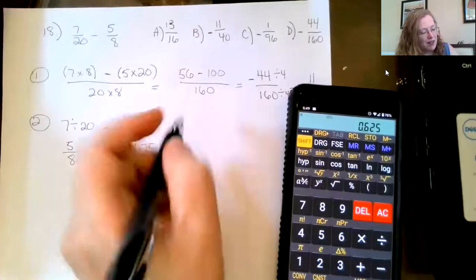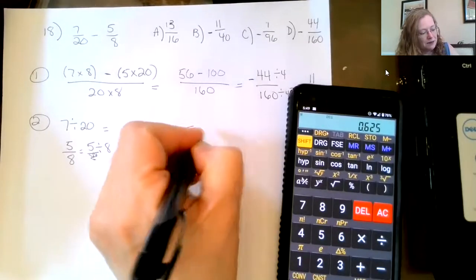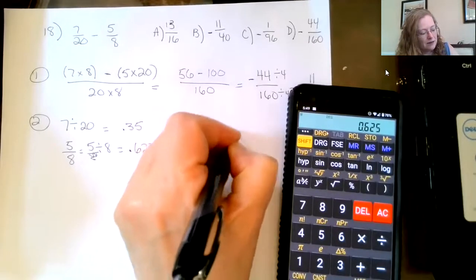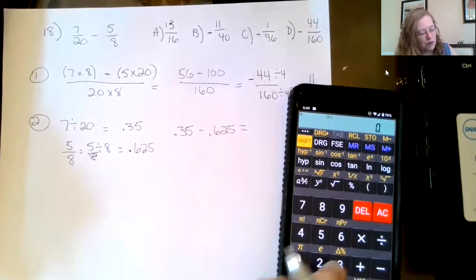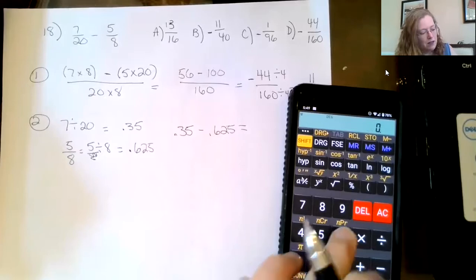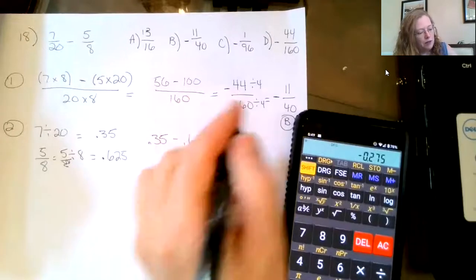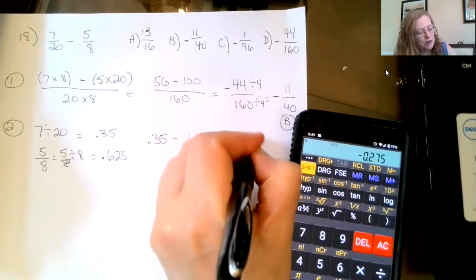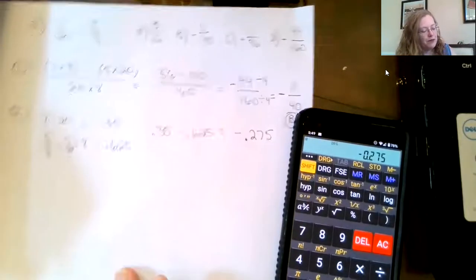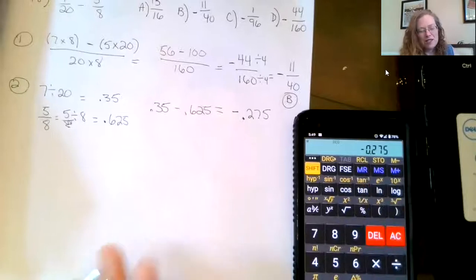And if I subtract 0.35 minus 0.625 is equal to negative 0.275.